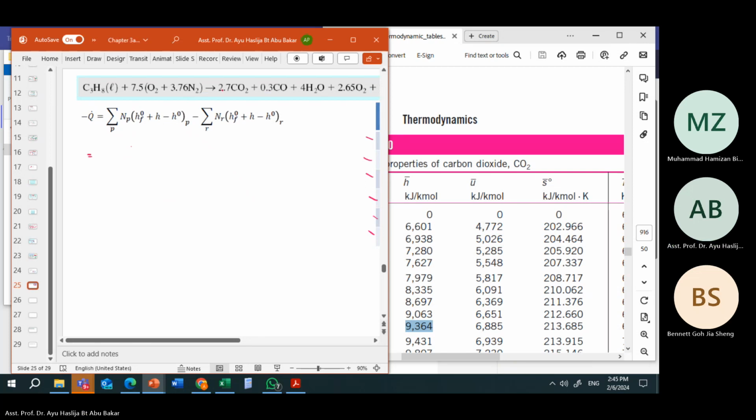Produk, step by step. For CO2, and then N multiply by the HF.